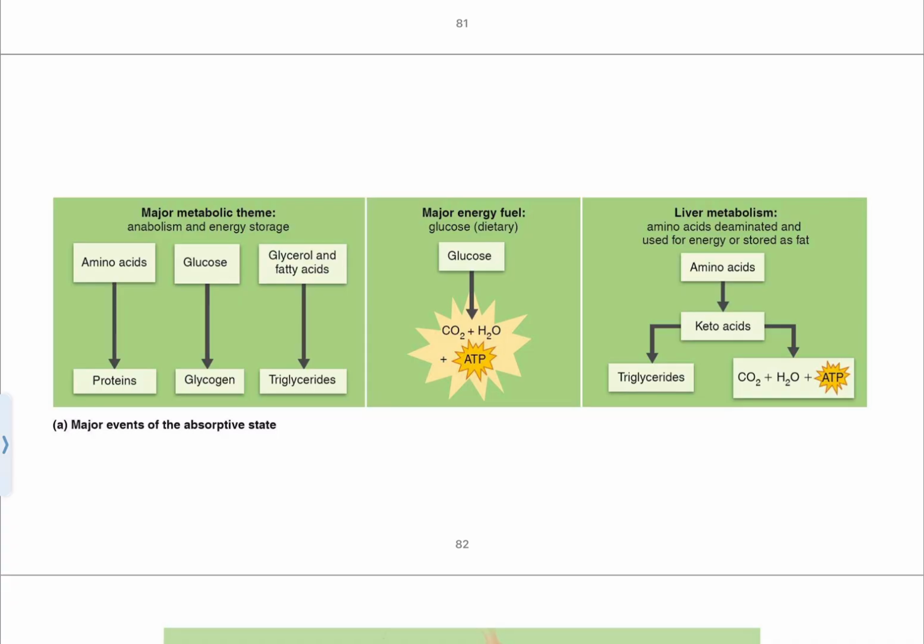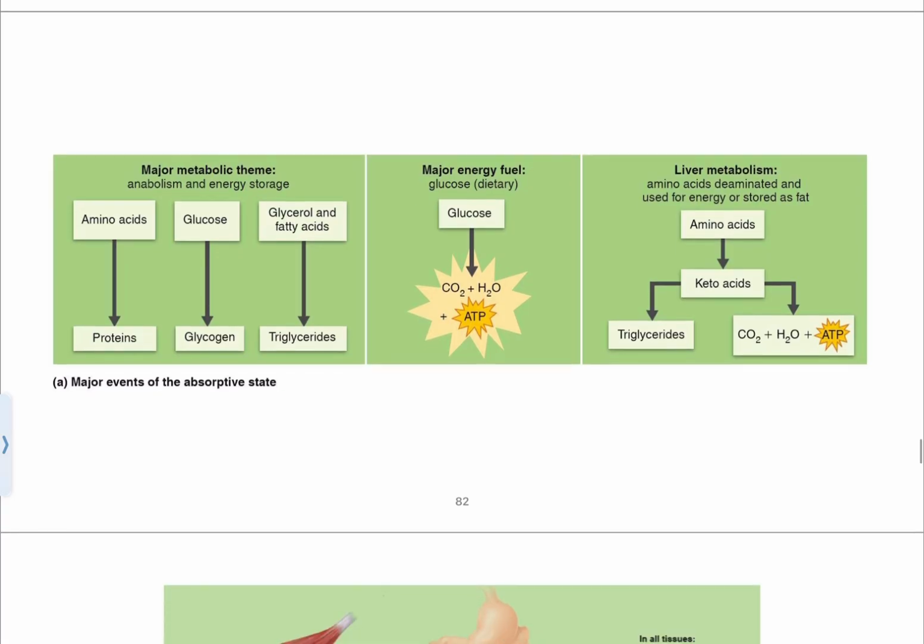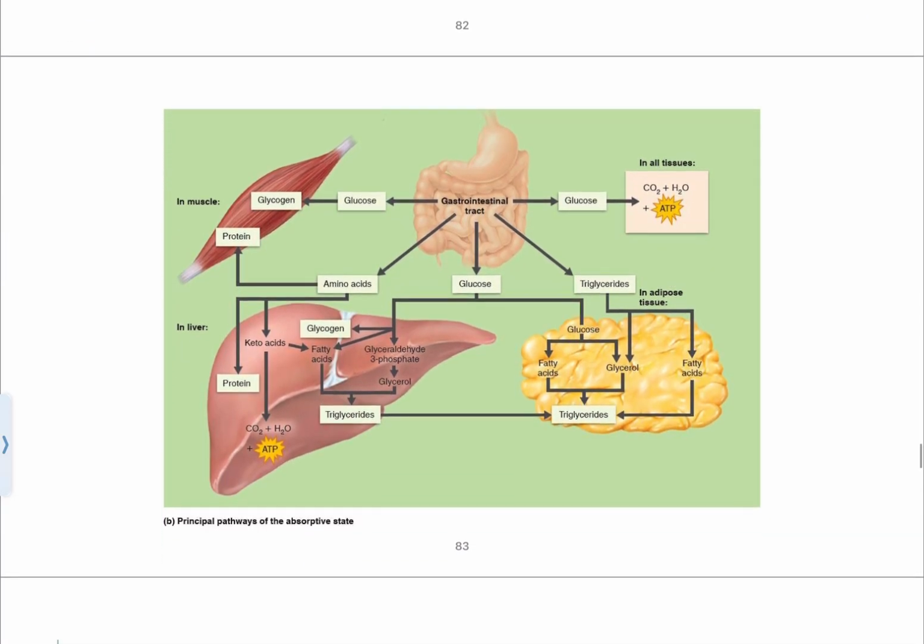So during the absorptive state, again, a couple hours after we begin eating, we're going to have mostly anabolic processes where we're building molecules from their monomers. The major energy fuel during this state is going to be glucose that we're bringing in from the diet. And if we're talking about liver metabolism, we're going to have amino acid deamination and use for energy or stored as fat.